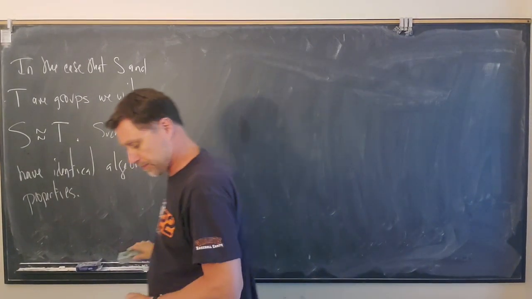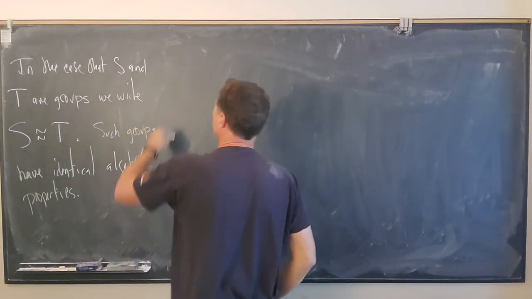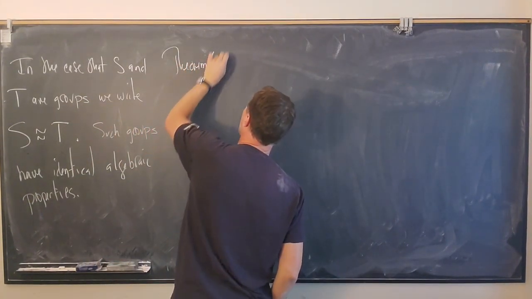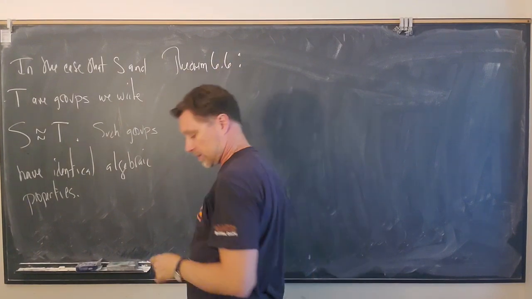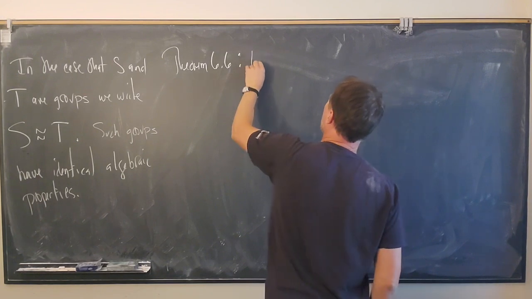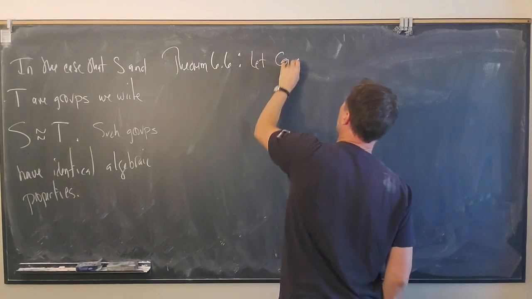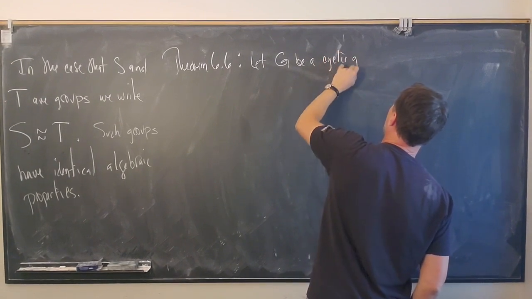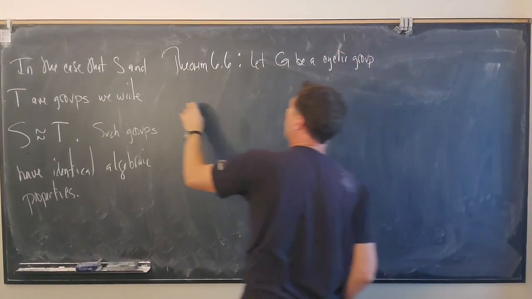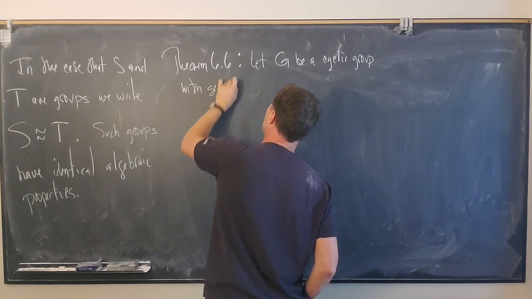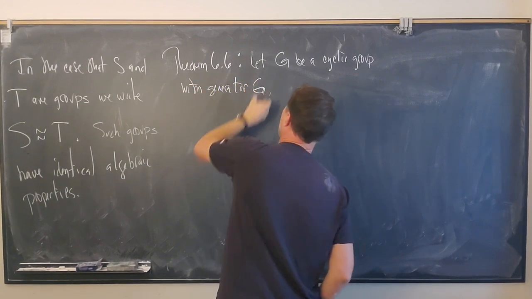Okay, so our next result, and this is going to involve an isomorphism, so this will be Theorem 6.6. Let G be a cyclic group with generator little g.